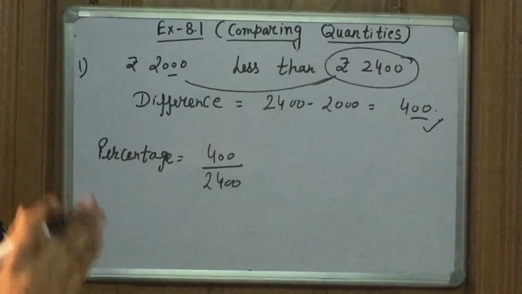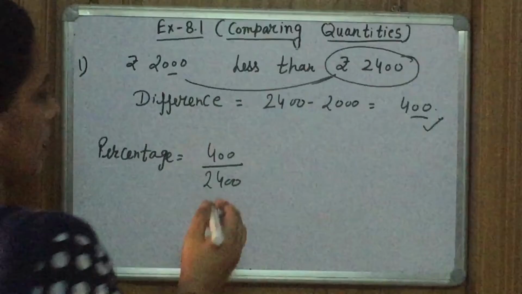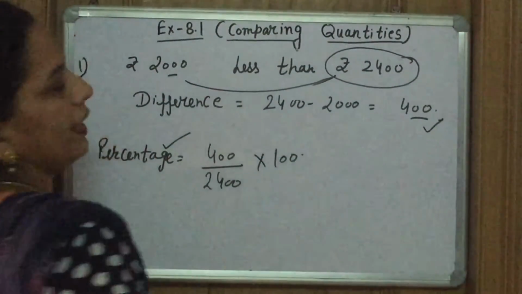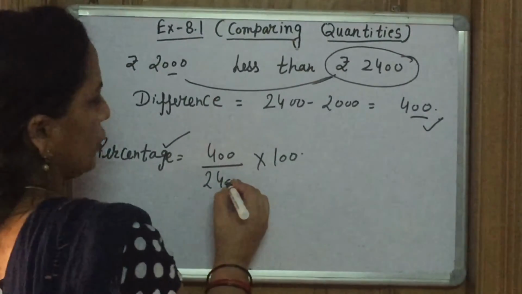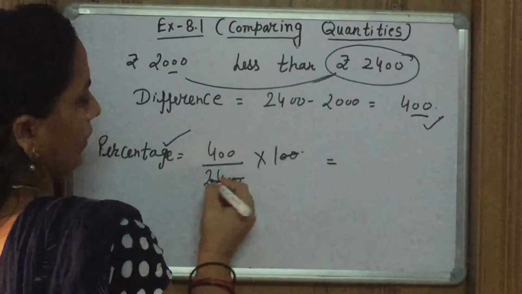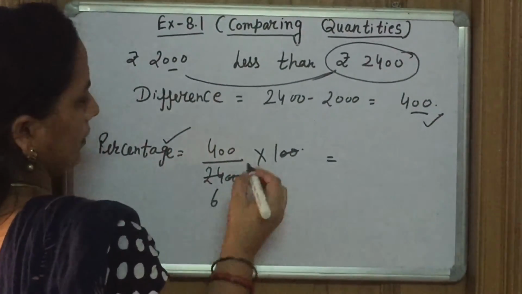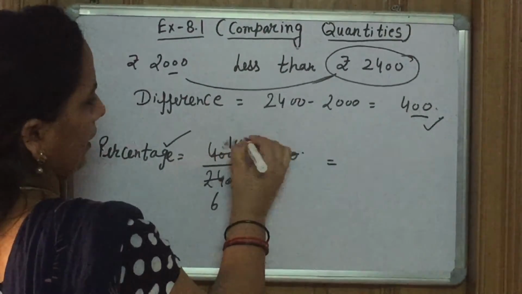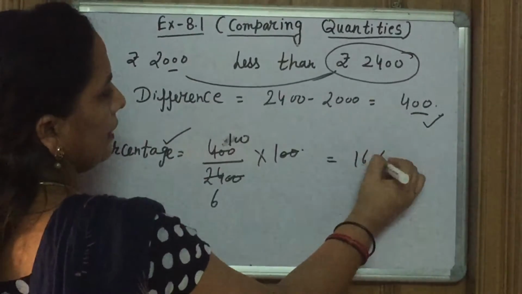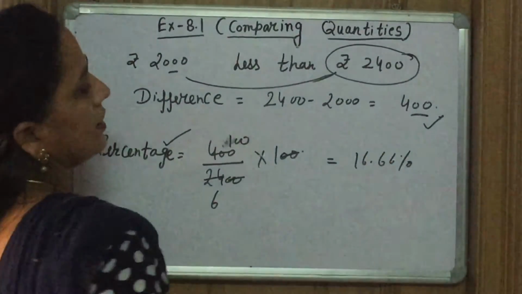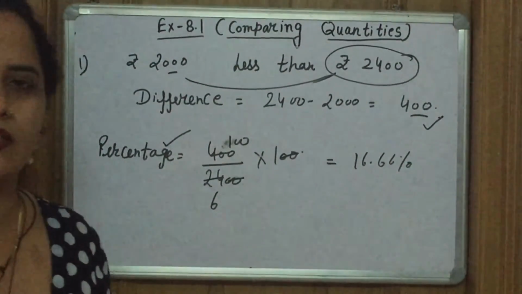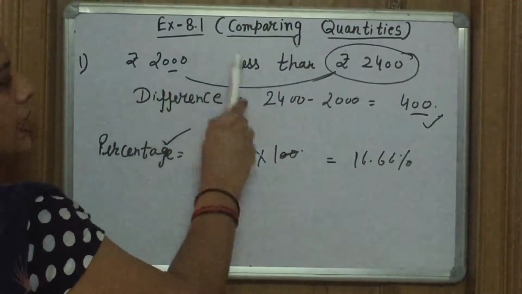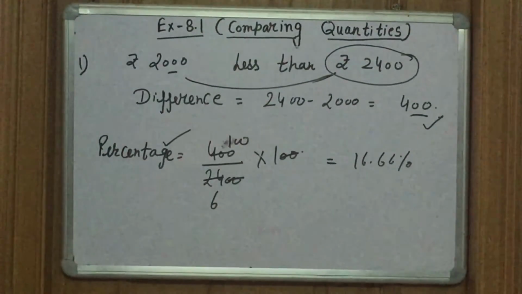And to find out the percentage, multiply by 100. So when we divide these numbers, then we get 16.6%. So this is the percentage of the difference of 2000 to 2400.